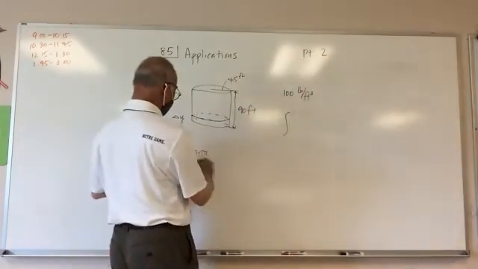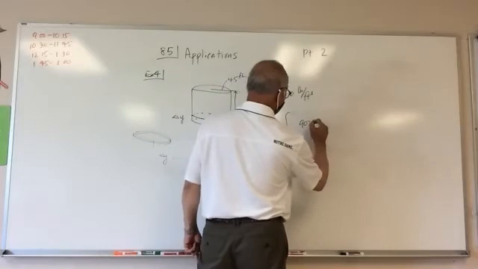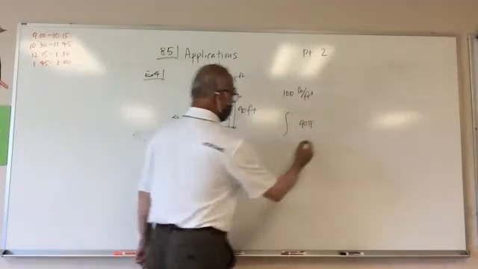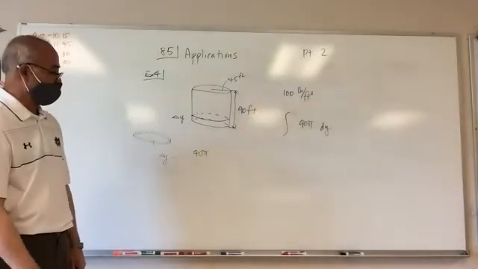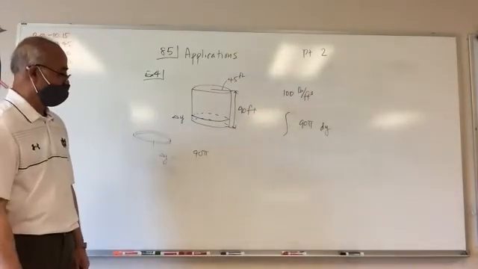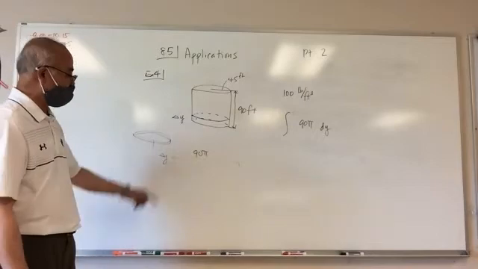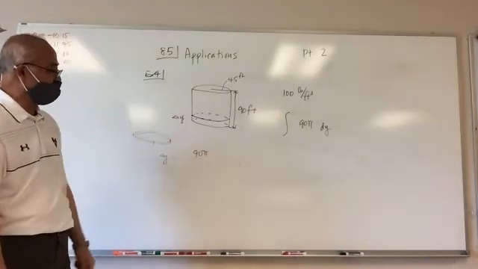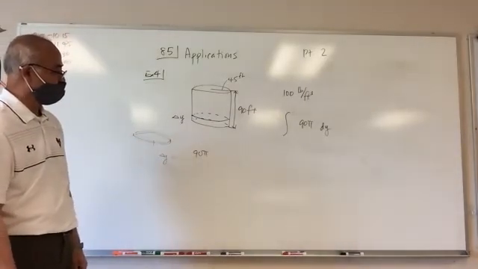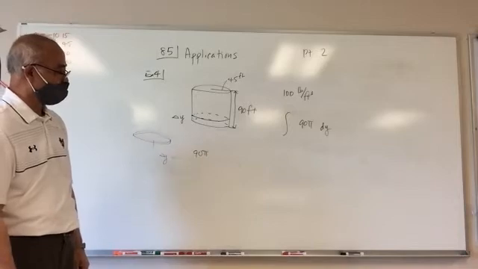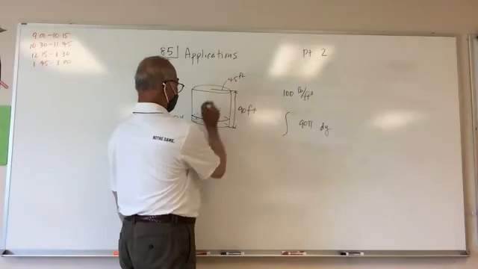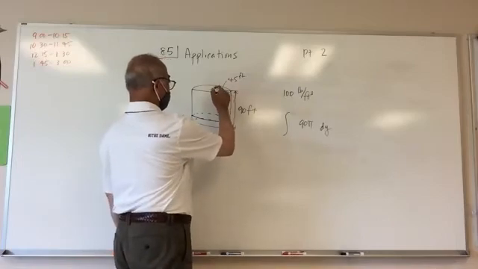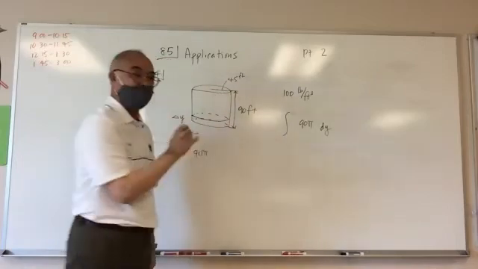So the area is 90 pi times delta y. And how deep is this? I need to know the pressure, right?